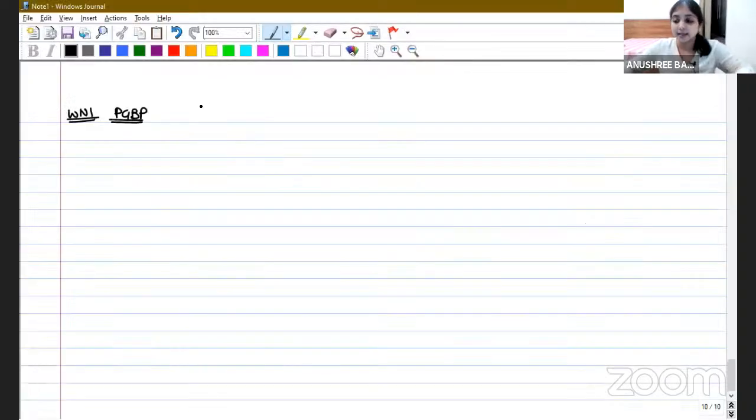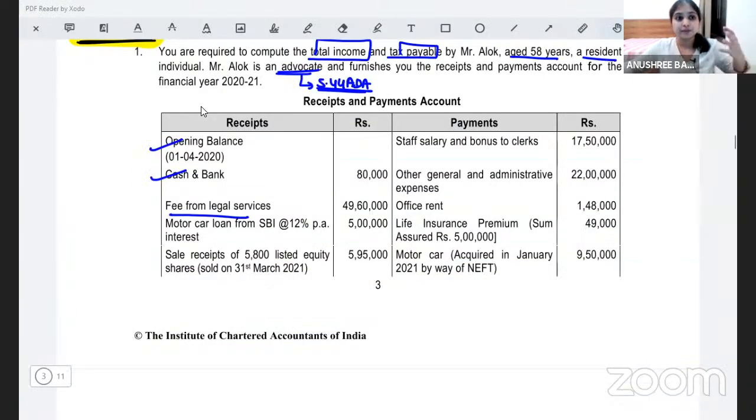You agree with me? Had they given us a P&L account, we would take net profit as per P&L account. We would subtract expenses debited, but we would add expenses which are to be disallowed. We would then add incomes which are not credited but taxable. We would subtract exempt incomes. All that we would do had they given us a P&L account. But here they've given us a receipts and payments account.